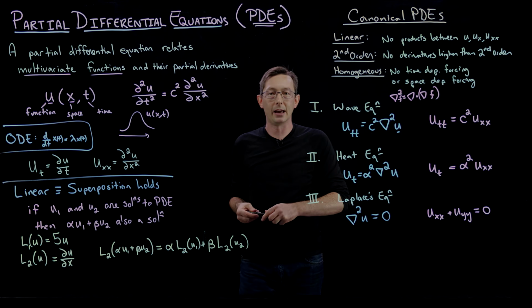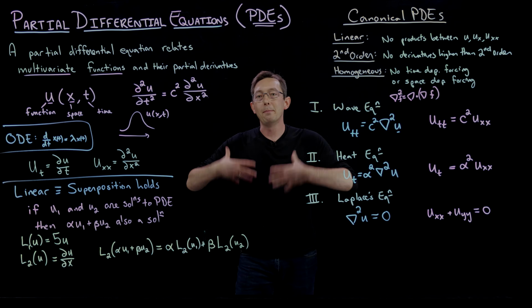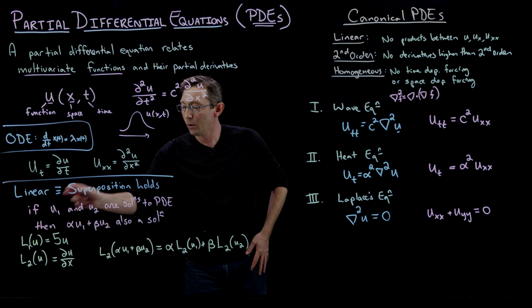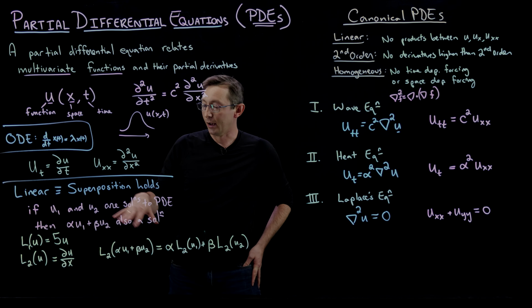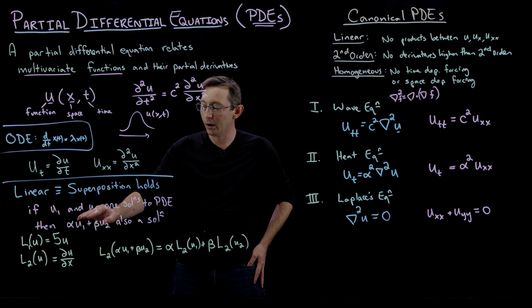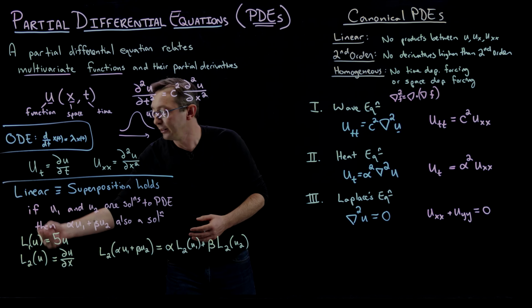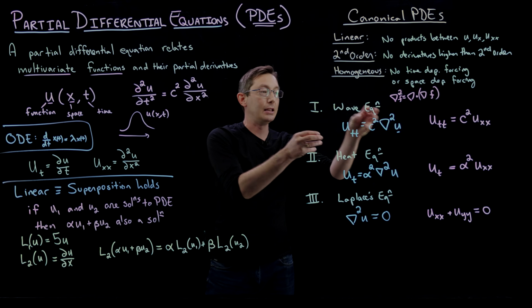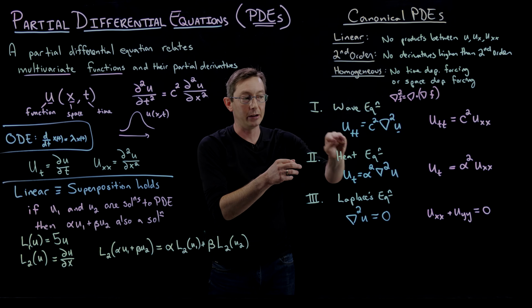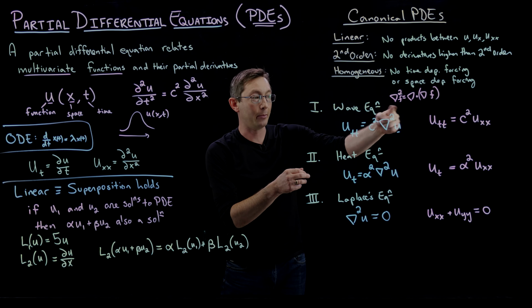And I'm just going to say this again. What linearity means is that if u1 and u2 are solutions to the PDE, then alpha u1 plus beta u2 is also a solution. And what that means for a linear operator, we build up this PDE using these linear operators. This is a linear operator on u. This is a linear operator on u.